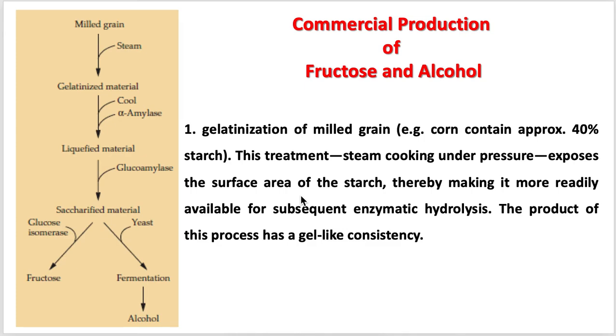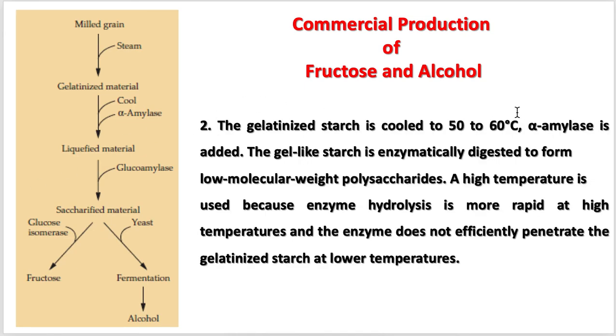After the gelatinized material is formed, it needs to be cooled down because steam is very hot. If the gelatinous material is very hot and we add further enzymes, those enzymes will get destroyed. So after gelatinization by steam, it needs to be cooled down to around 50 to 60 degrees Celsius, and then alpha amylase is added.